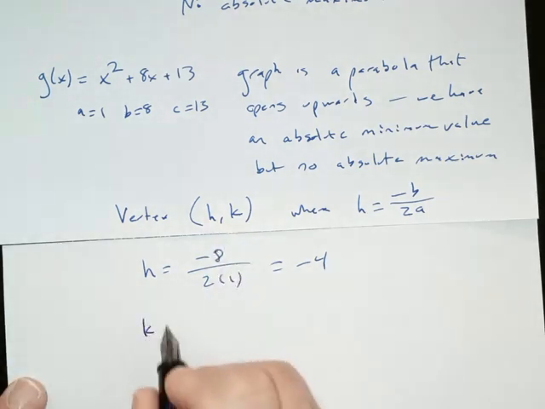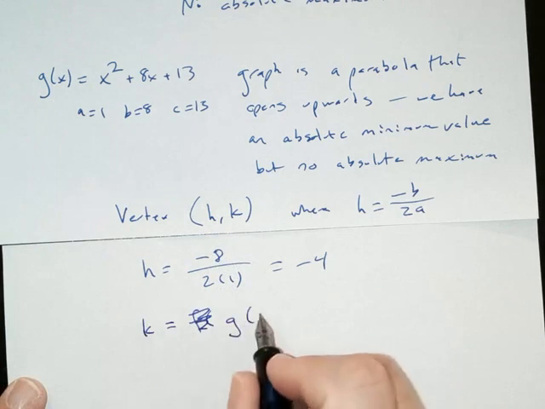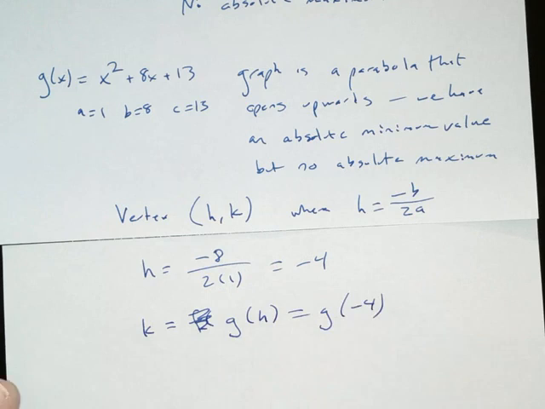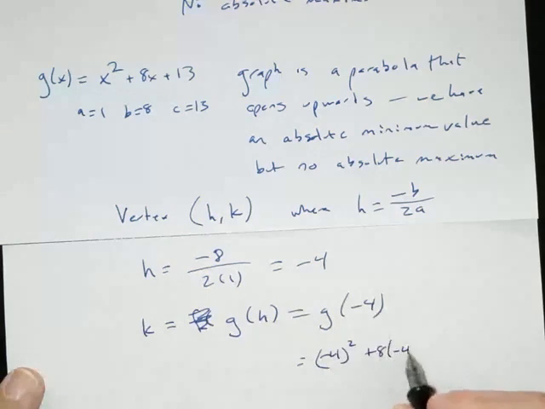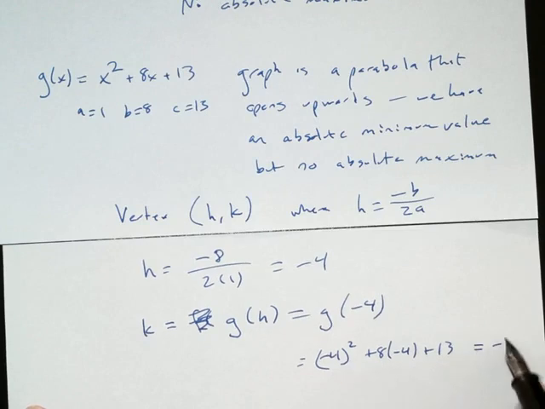So I need to get, oh, wait a minute, I didn't use f, I used g. G of negative 4. So I plug in negative 4 to the equation I've got up there. Negative 4 quantity squared plus 8 times negative 4 plus 13. 16 minus 32 plus 13 is negative 3.